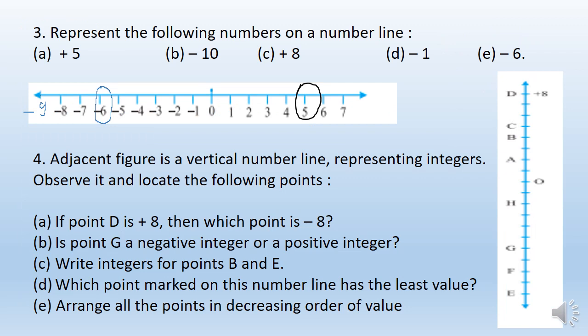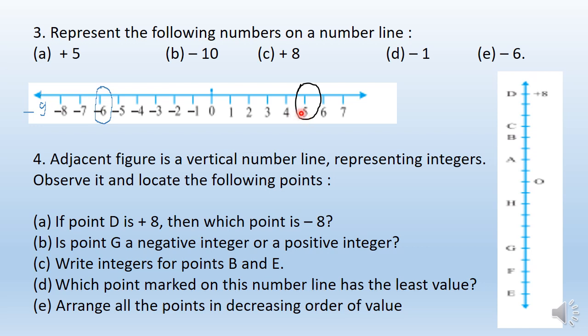Number 3. Represent the following numbers on the number line. First, +5. First of all, you have to draw the number line. Okay, mention the plus side here and the negative side here. After that, +5. Where is +5? If the sign is not there, it is still positive.